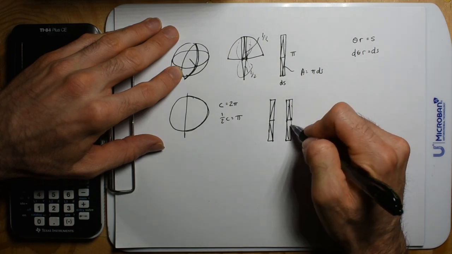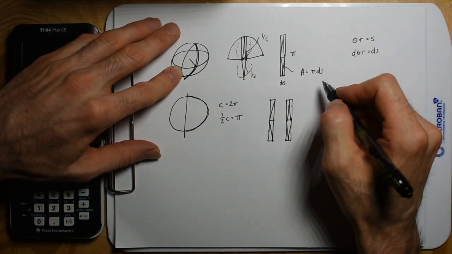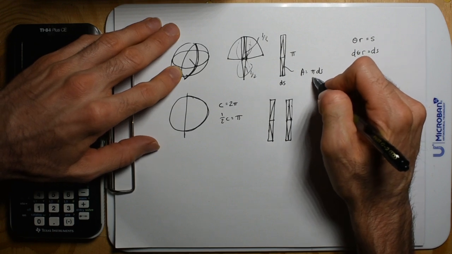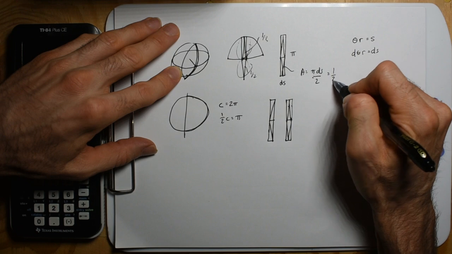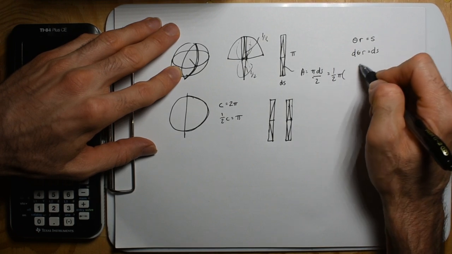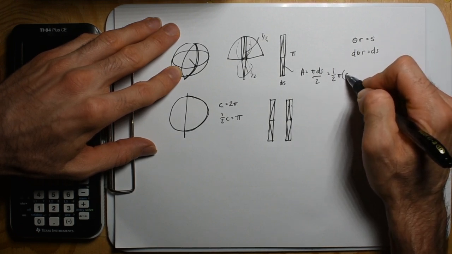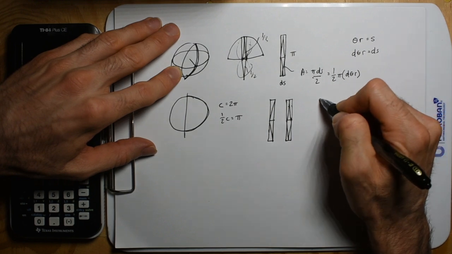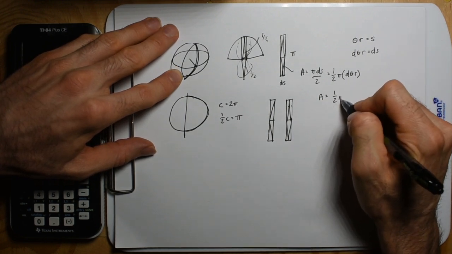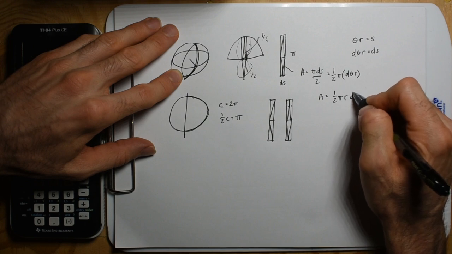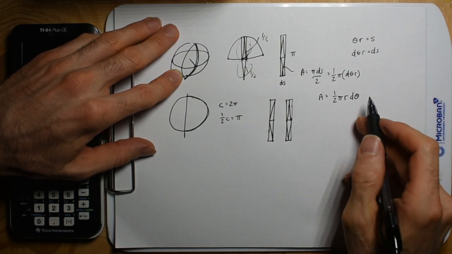It feels like I'm not drawing the picture right, but we'll try it. The actual one is divided by 2, so we have 1/2 pi. The ds is d theta r. So the area is 1/2 pi r d theta.